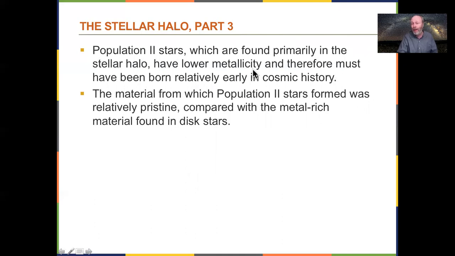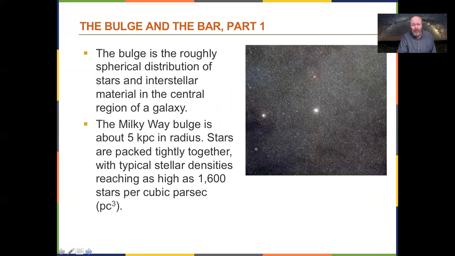Lower metallicity, that means they're almost exclusively hydrogen and helium. That tells us they were formed in a pristine environment. That means basically there was only hydrogen and helium there to start with, and that's what the whole universe started with. So when we're looking at the globular clusters, we're looking at some of the earliest parts of the universe.